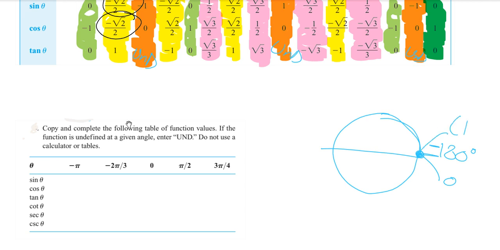So we know that over here the value is positive 1 and 0. The ordered pair is 1 and 0. But we can find out the values for negative 180.